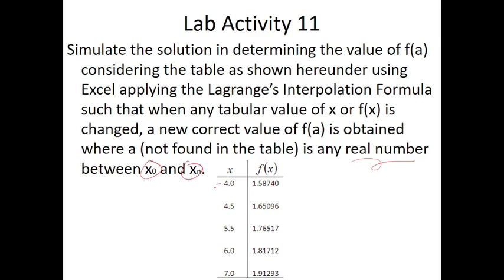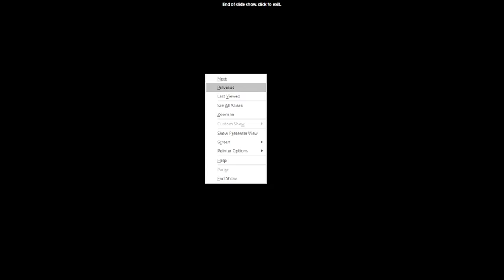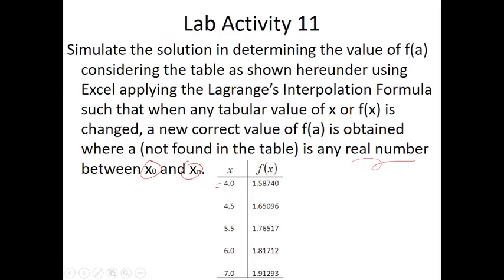So we know that this is x sub 0, and we know that this is x sub n, where n is equal to 0, 1, 2, 3, 4. So n is 4, so this is x sub 4.